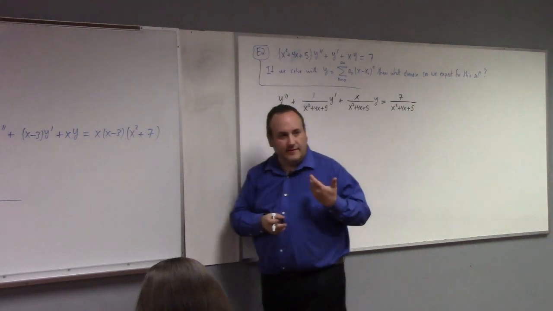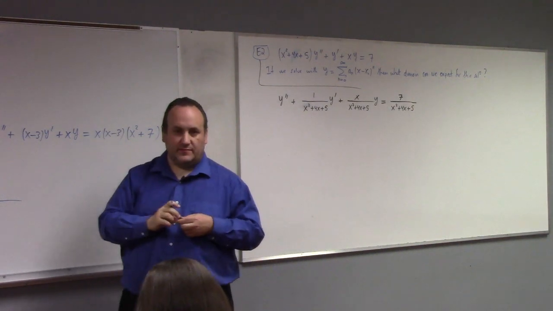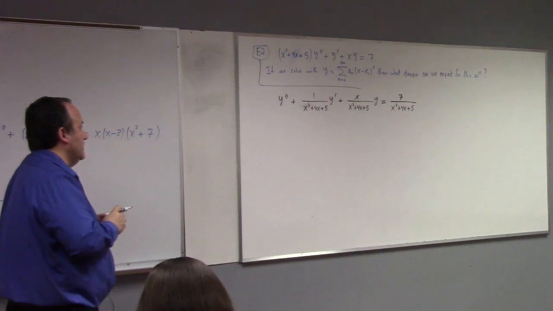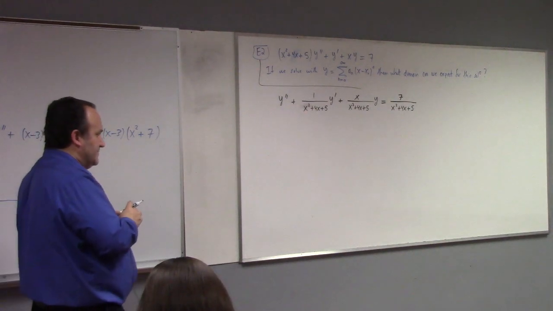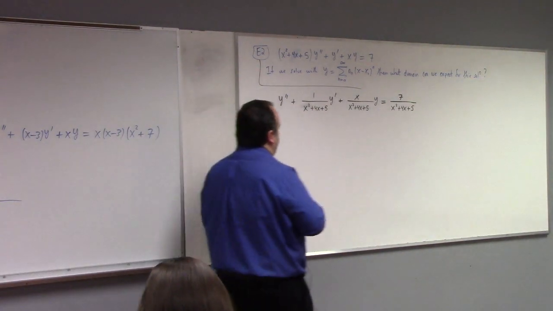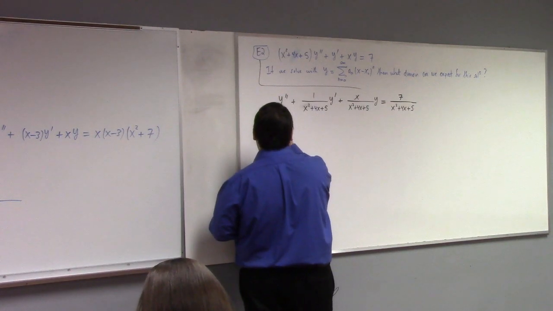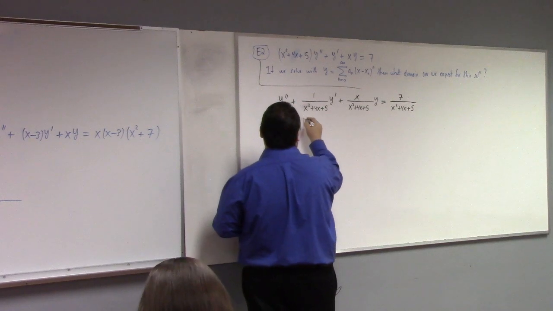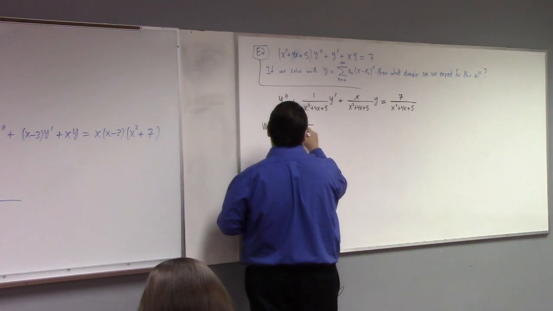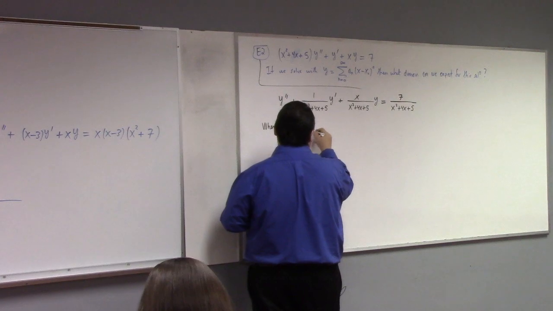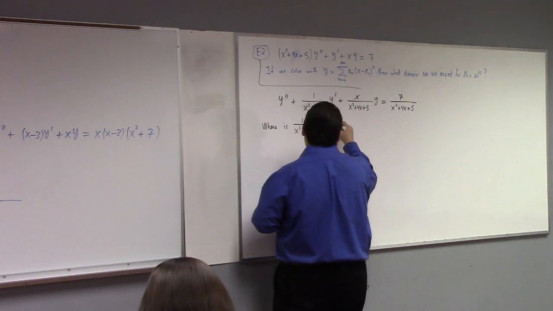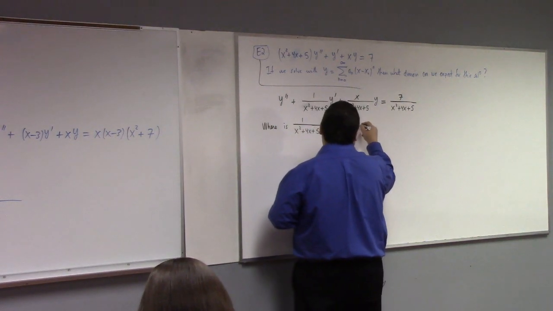Now I have it in the standard format to use my easy theorem here. Well, relatively easy theorem. Then the question boils down to this: where is 1 over x squared plus 4x plus 5 not analytic?